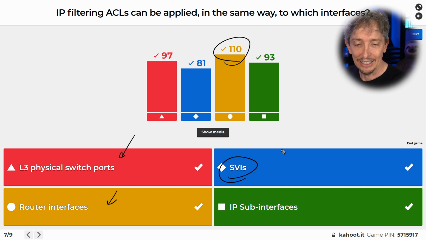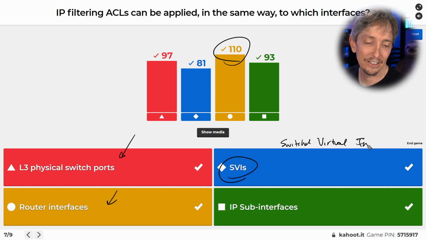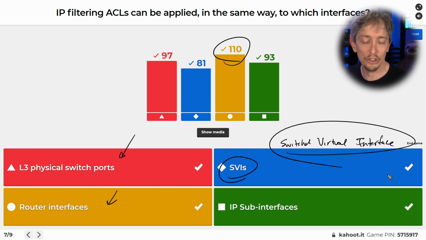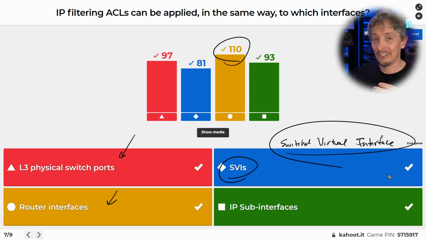An SVI, a switched virtual interface. And when you think of a switched virtual interface, if I could have been in charge of naming that, I would have called it a routed virtual interface because it's a layer 3 interface. Like on a multi-layer switch, you say interface, let's say you have VLAN 10. And you have 20 people in VLAN 10 or 100 people in VLAN 10 on access ports.